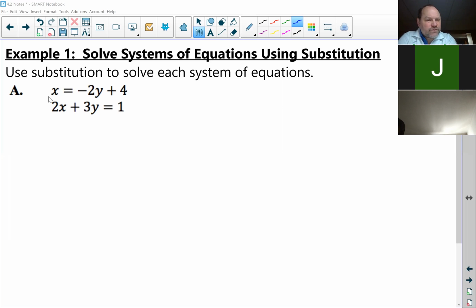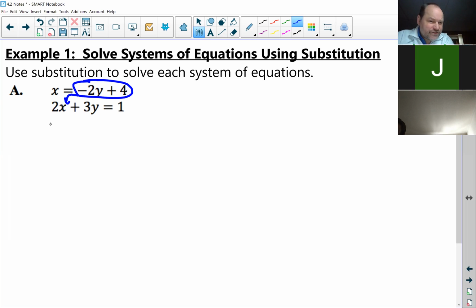Now let's see, this first equation says x equals. So the answer would be yes. So what we're going to do is in our second equation, instead of writing this x, we're going to substitute what x is equal to in the first equation.